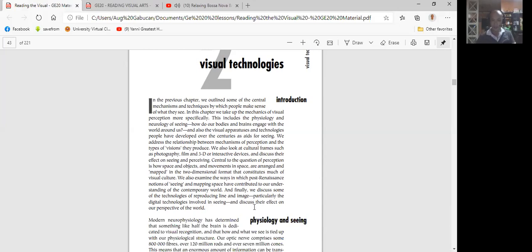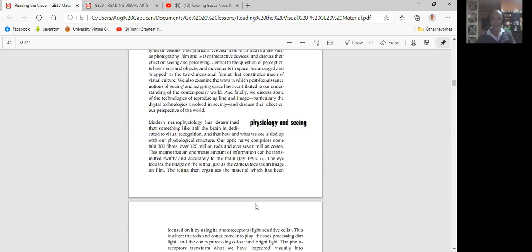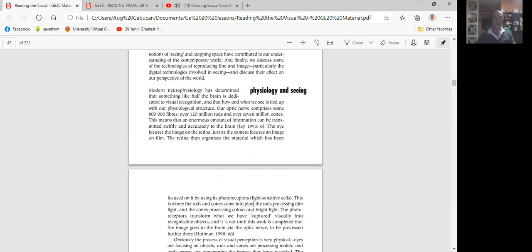Okay, moving on. Physiology and seeing. This is a very scientific way of explaining how we interpret things that we see. It's quite a tongue twister. Modern neurophysiology has determined that something like half the brain is dedicated to visual recognition. Can you imagine that?